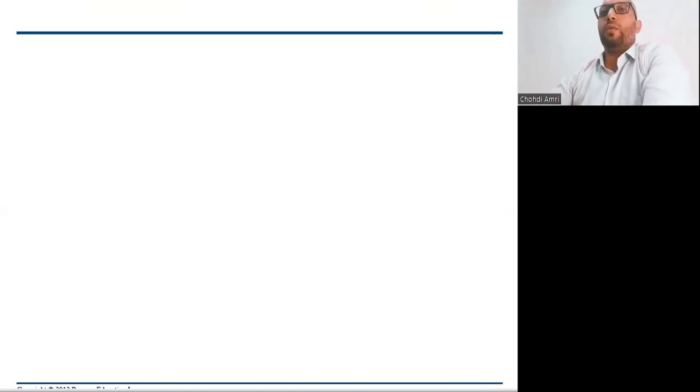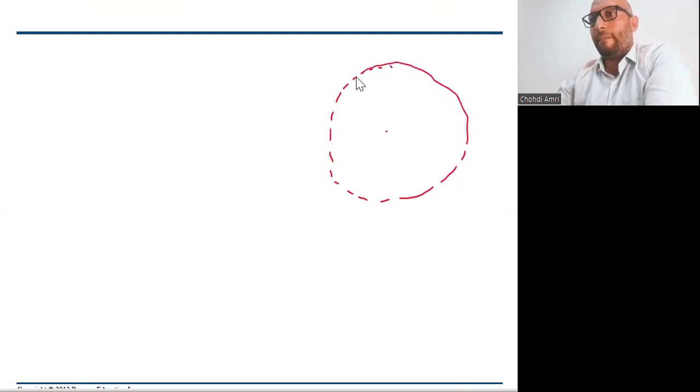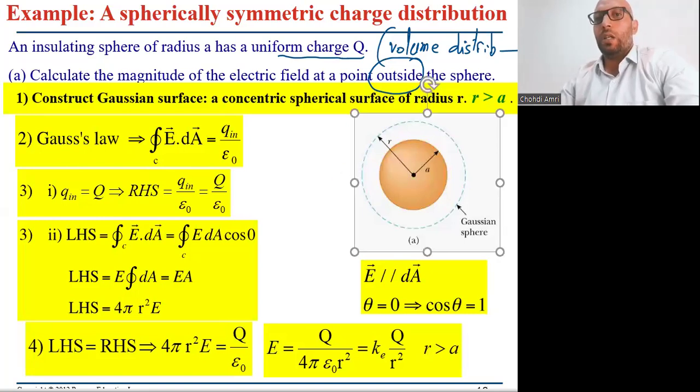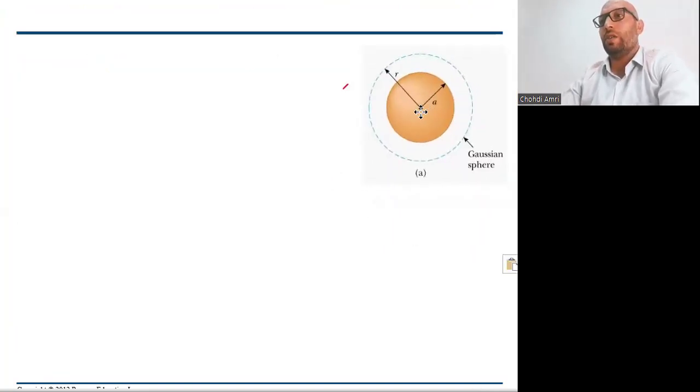Okay, so what do we have? We have a charged sphere. This is the center, this is our sphere, with a radius A. And we are asked to calculate the electric field outside the charged sphere.